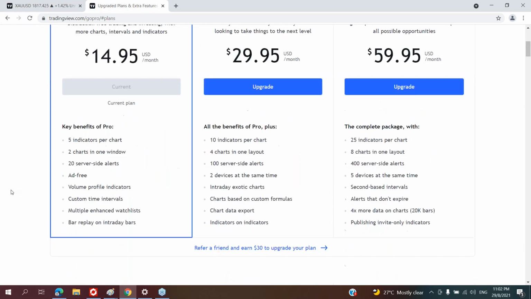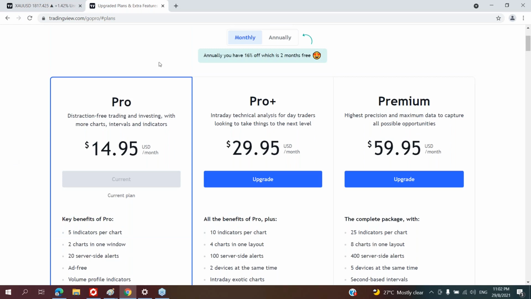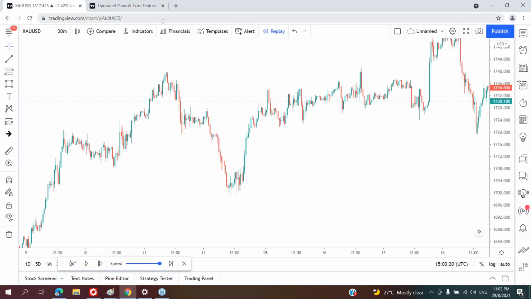I mean, it's just a month and you can try the free one and it's really worth it. $14, $15. Just $15 for beta to sharpen your skills. You just need 1 to 2 months to sharpen your skills. Then you can just give it a go. Okay.